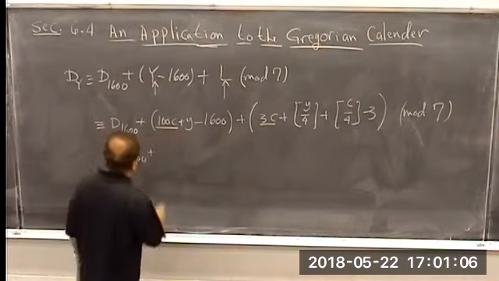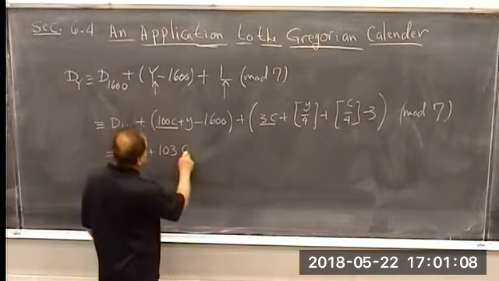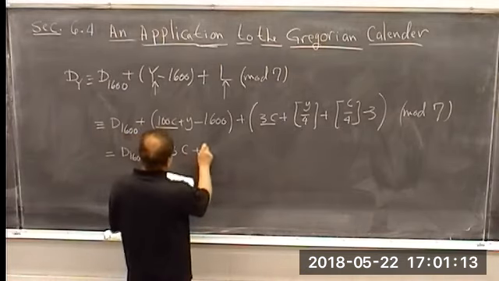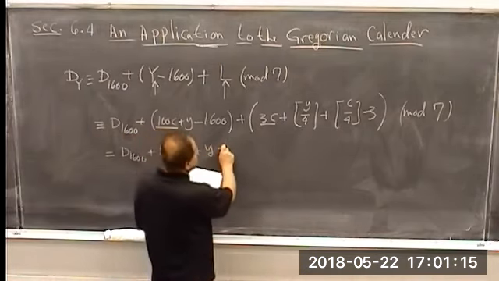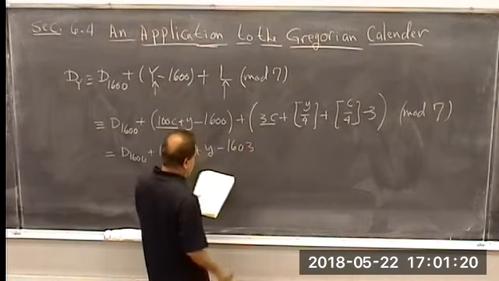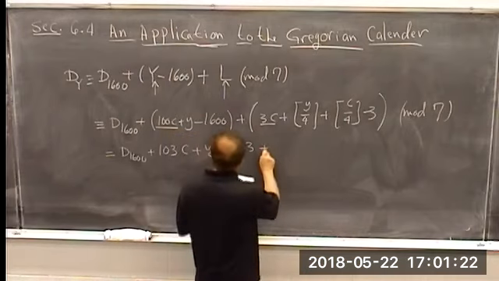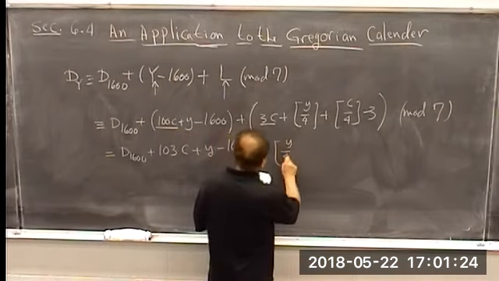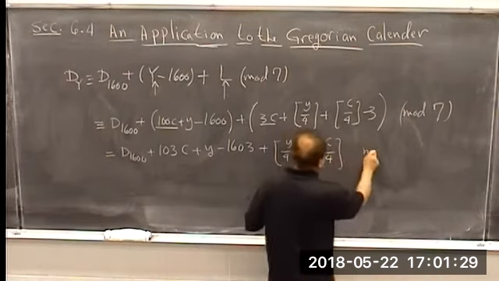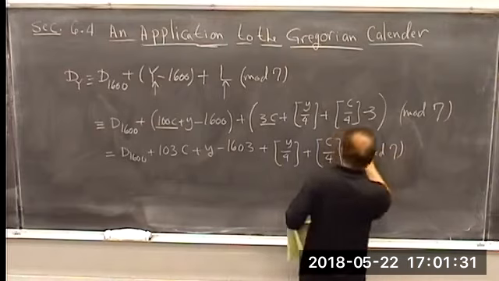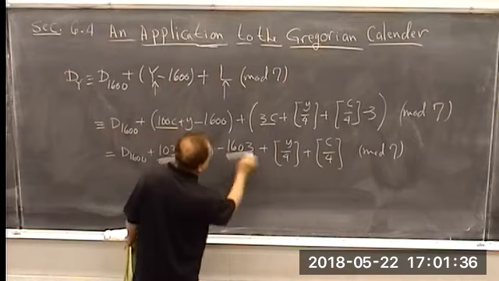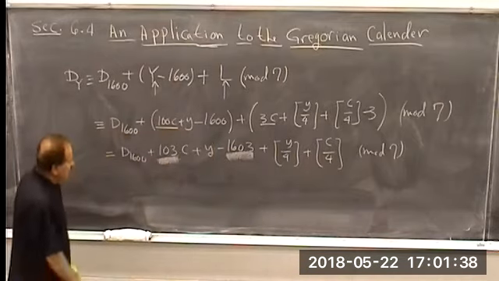This could be 103C, then plus y minus the numbers, which is 1603, and plus the brackets, y over 4 plus C over 4, mod 7. One last simplification is to reduce these numbers all to mod 7.